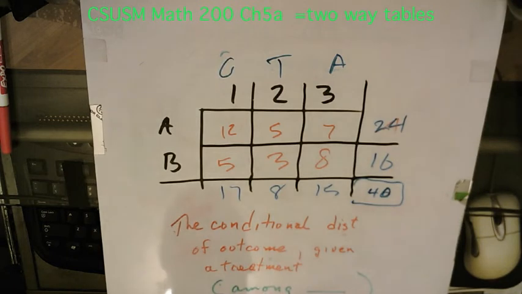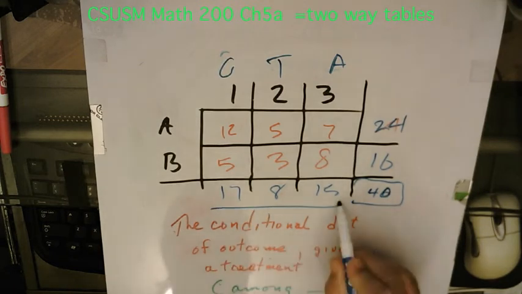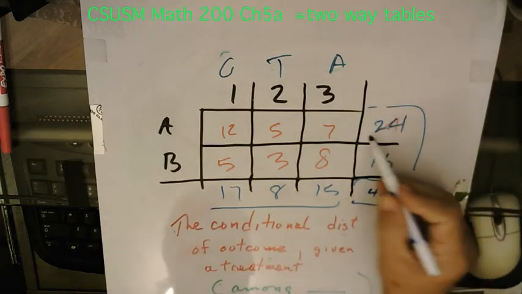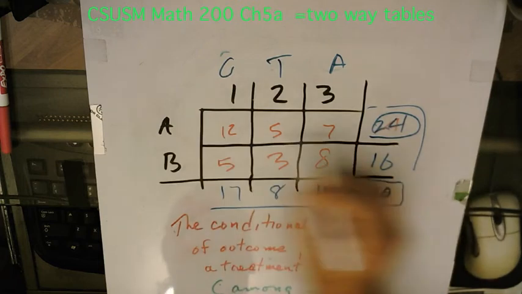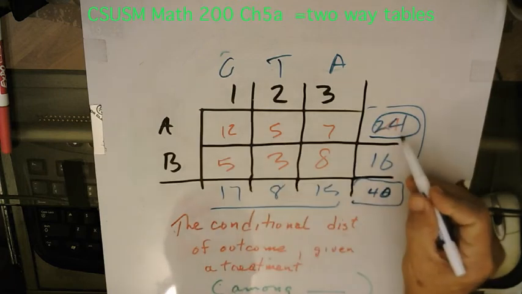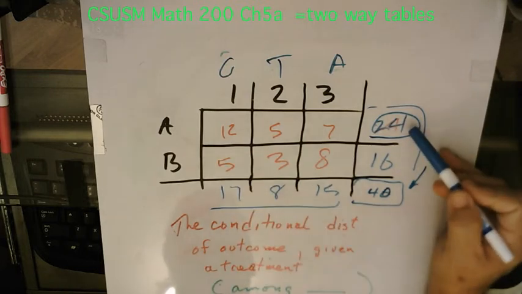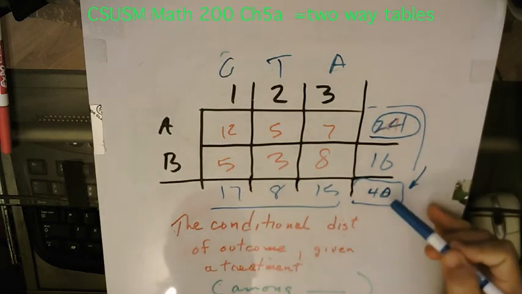Now, any of these data points down here on the outside are called marginal. Those are marginal distributions. So if I were looking at the marginal distribution of treatment A, I would look at and compare this row of data, or the total of that data, versus the overall total of data points taken. So the marginal distribution of treatment A would be 24 over 40.